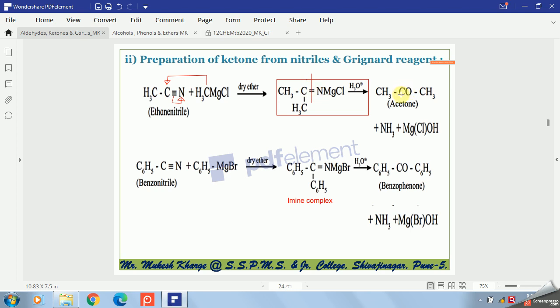So before getting your final product, you get CH3 C(CH3)(OH) and the double bond gets converted to single. Add hydrogen to this, then that OH hydrogen gets shifted to your nitrogen, and we get NH3.